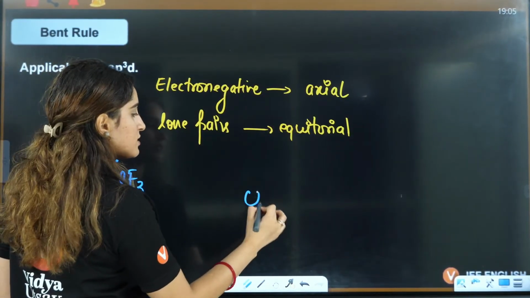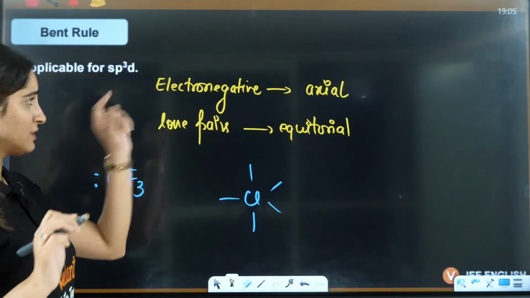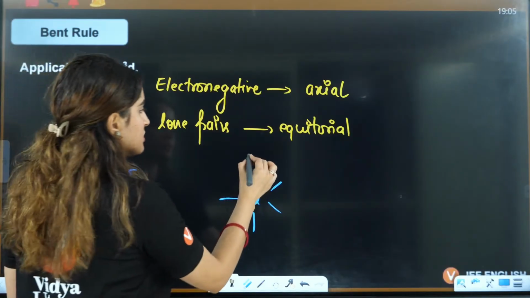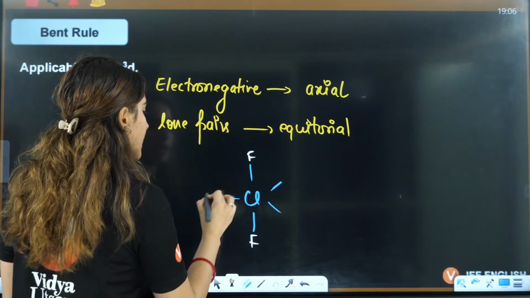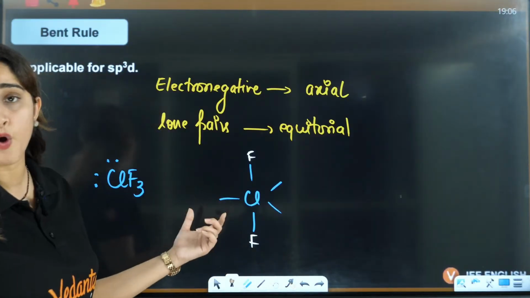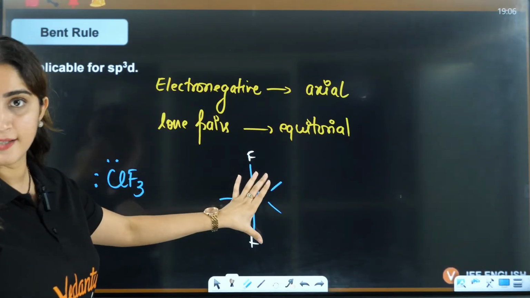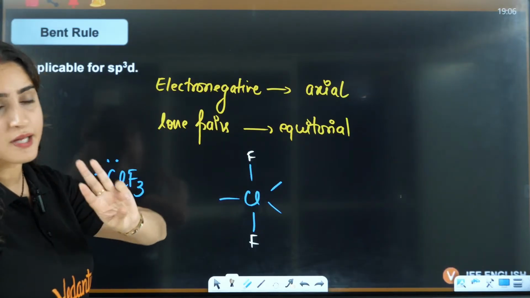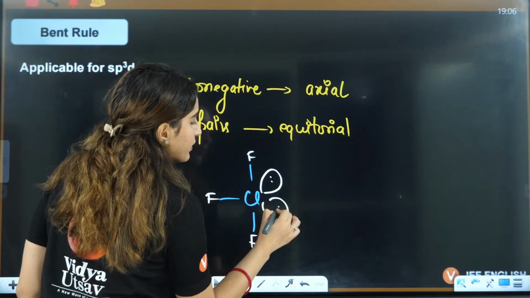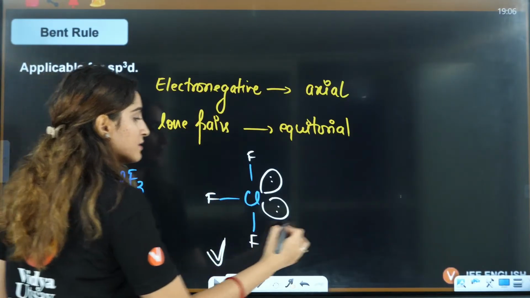So what you will do: this is Cl, 1 2 3 4 5. Fluorine is the electronegative element, so that will be on the axial positions like this. And two lone pairs. Now you will say, ma'am, then why is this third fluorine on the equatorial? Because first you will try to fill all of them on the axial, and there are only two axial positions and the atoms are 3, so the third one will be here, and here you will have two lone pairs. That is the reason why this is the correct one and this is not.